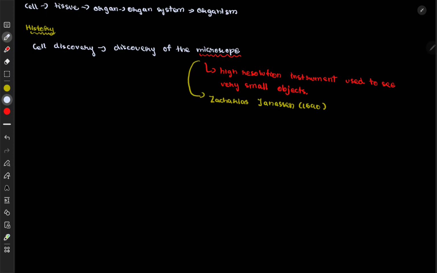In the same way, Zacharias Janssen's model was also revised by Galileo. You know who Galileo is, no? In 1610. Then later it went to Robert Hooke.